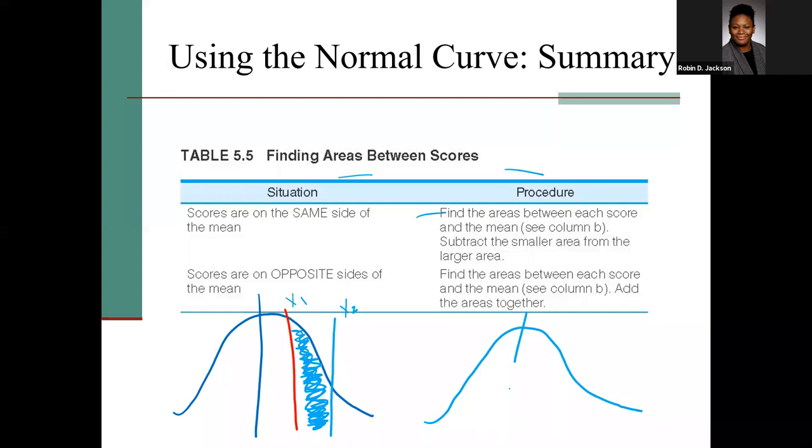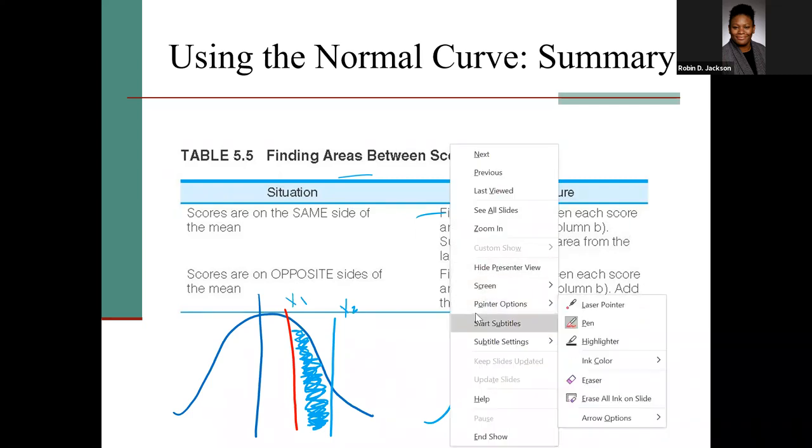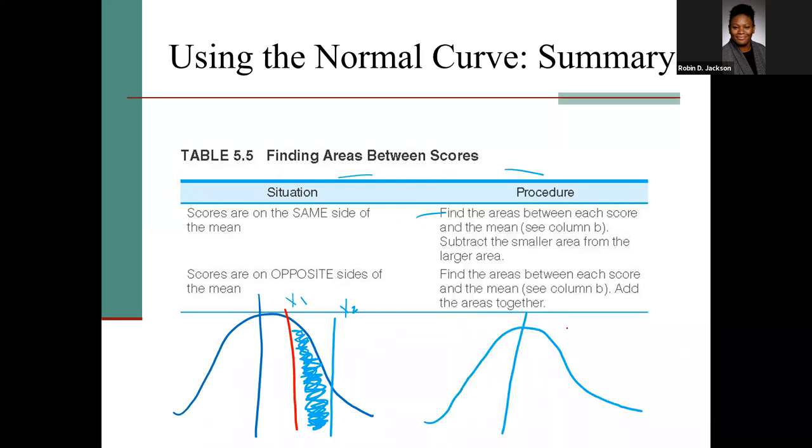All right, so let's say that you have a score on one side of the distribution. We'll go back to our different colors. So let's say X1, and I'm just gonna leave them the same color. I don't feel like going through and messing with the pen. And X2.